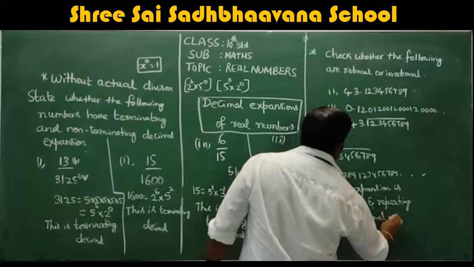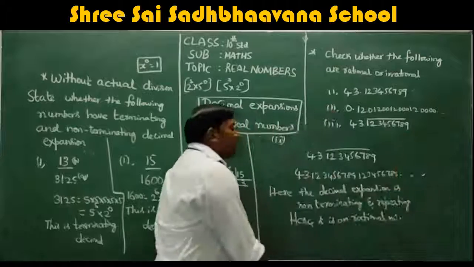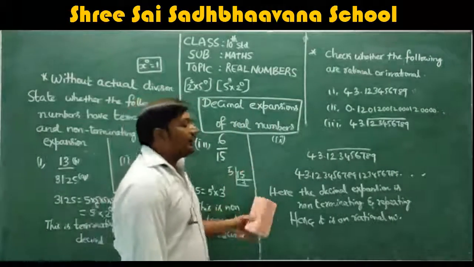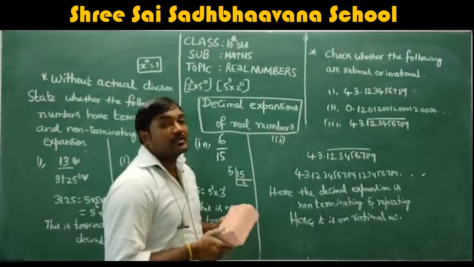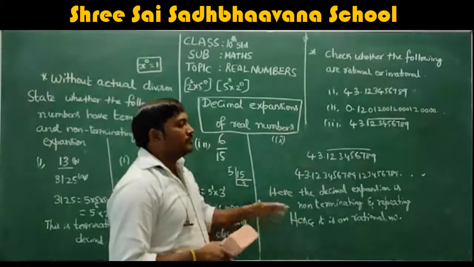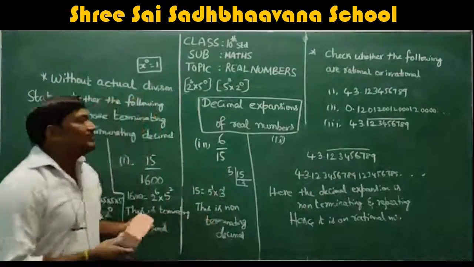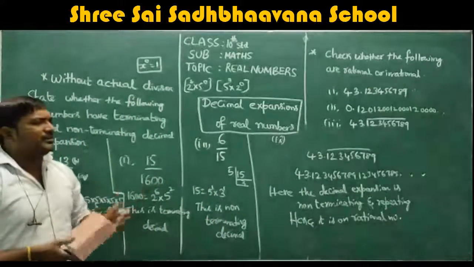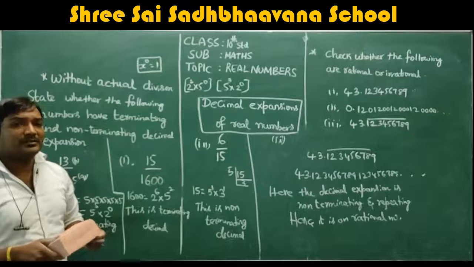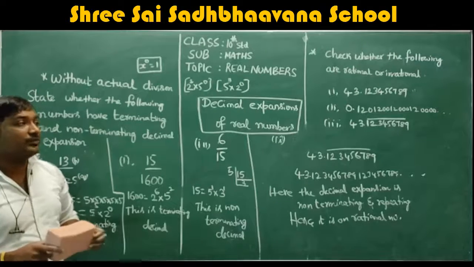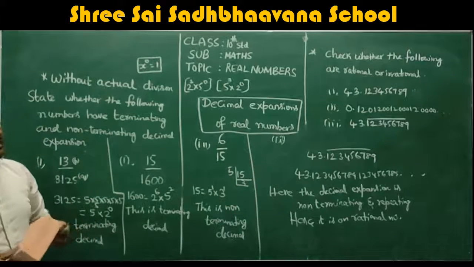As we discussed, if the decimal expansion is non-terminating and repeating, then it is considered a rational number. I hope you understood. They may ask this for 1 mark, or in multiple choice questions you might expect this kind of sums.